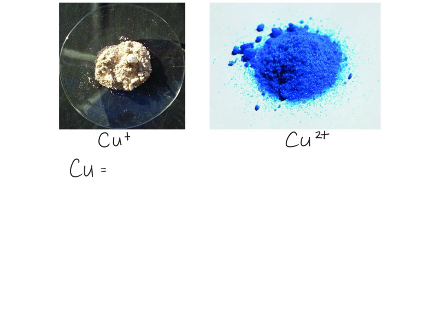So copper with no charge, if you were to do this electron configuration, copper has 29 electrons. And you would think that copper's electron configuration would be argon 4s2 3d9. But unfortunately, it's not.